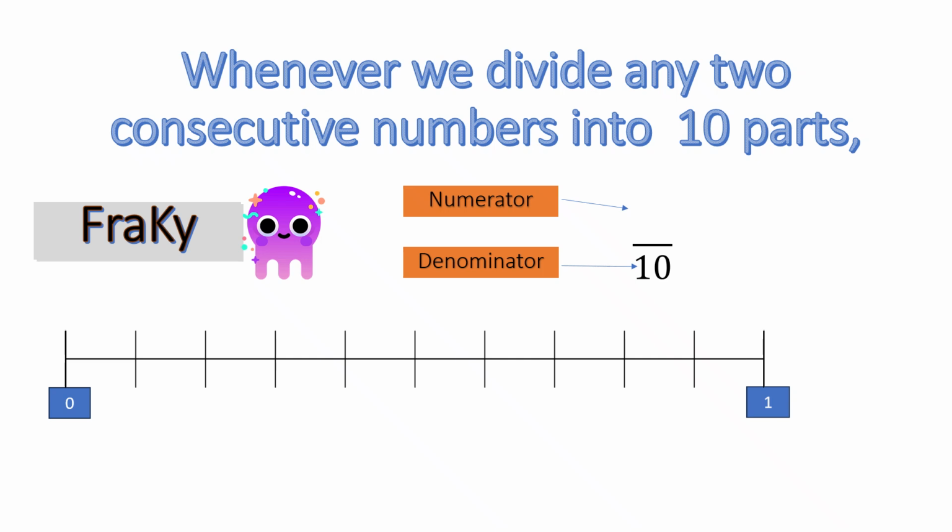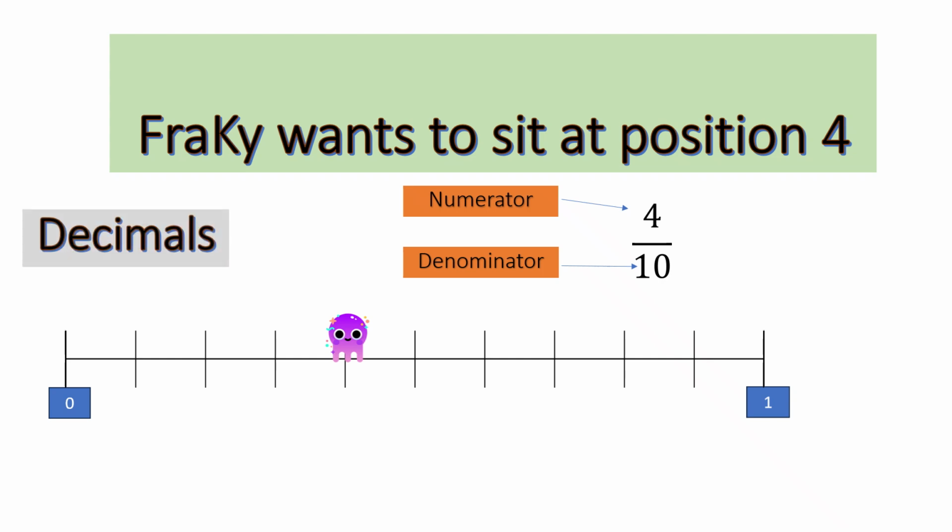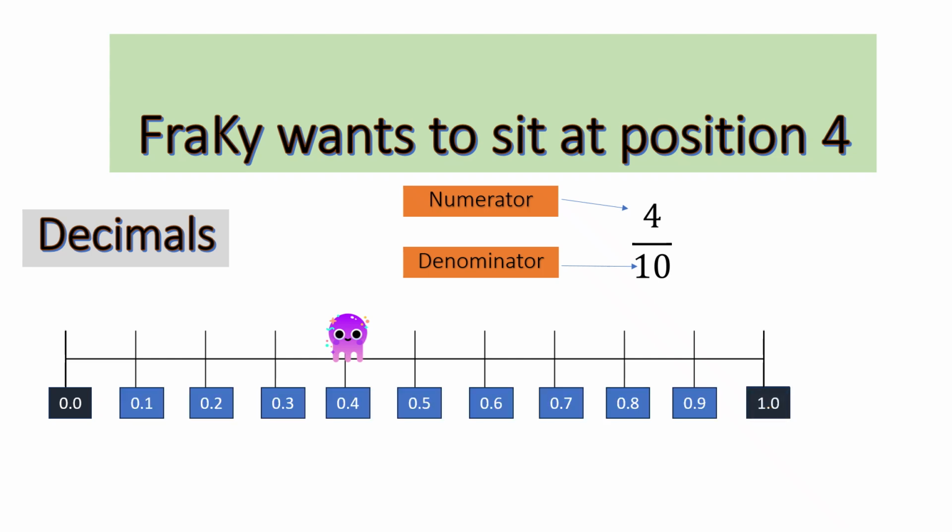Remember Frankie? Let's say Frankie wants to sit at position 4. So 0, 1, 2, 3, 4. We will put the fraction here and our numerator will be 4 upon 10. But if we have to write the same number in decimal, what would you do? Just look, in decimal, if this is 0.0, then the next numbers are 0.1, 0.2, 0.3, 0.4.